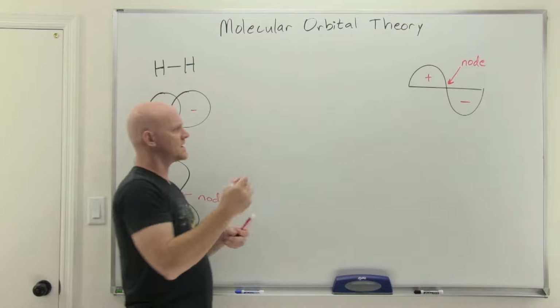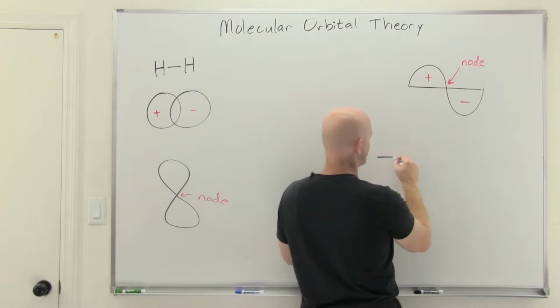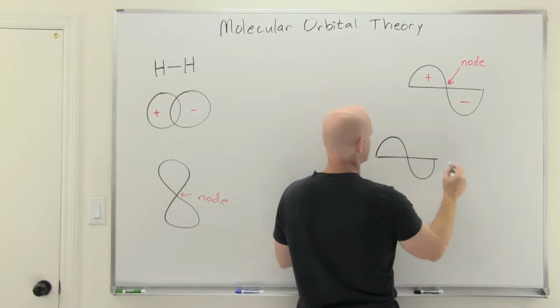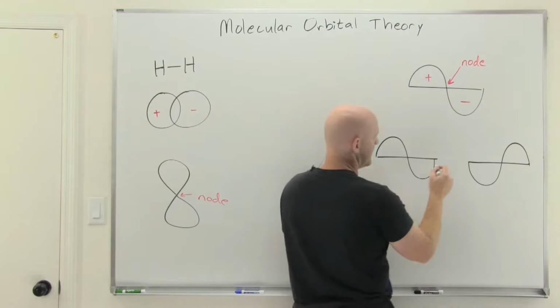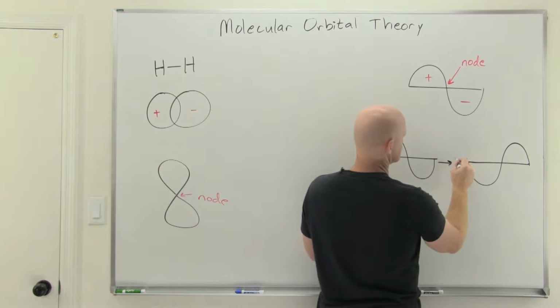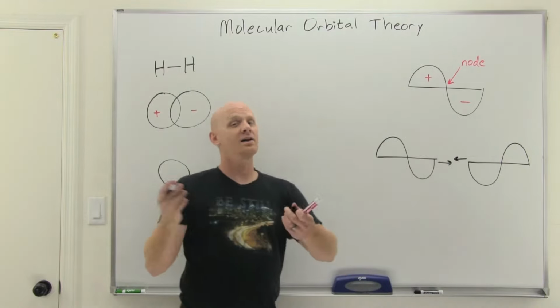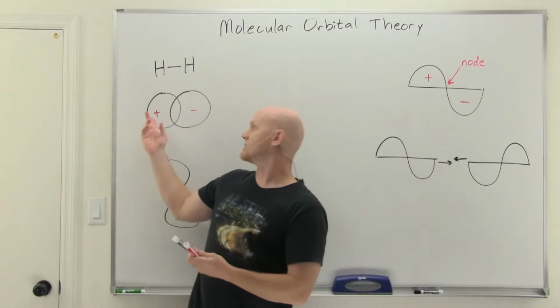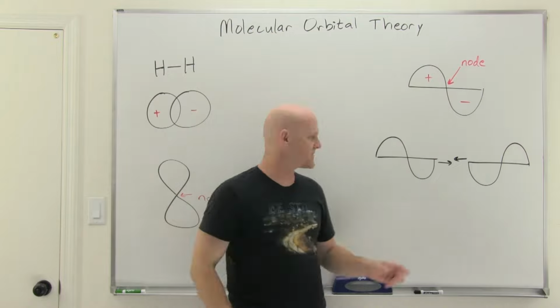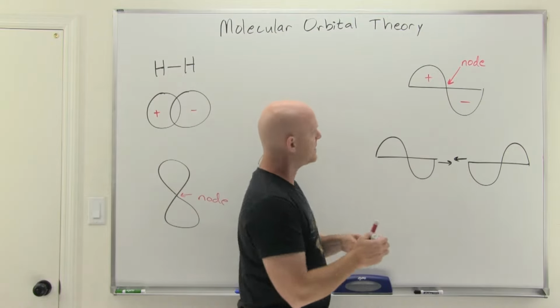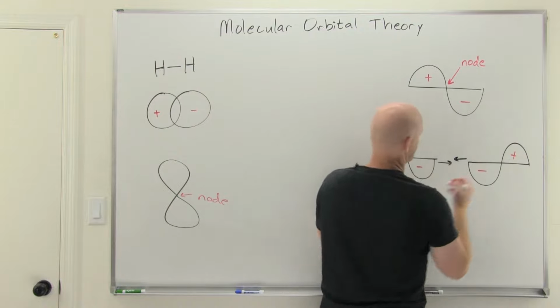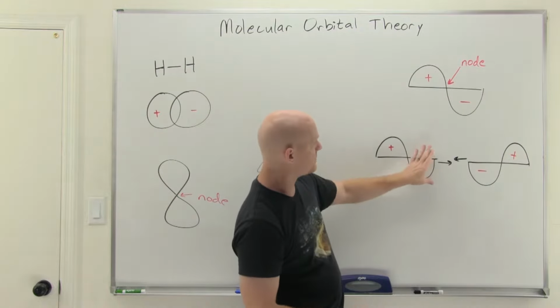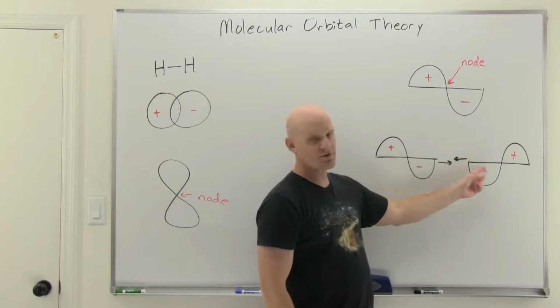So if we take a look at a couple of sine functions here, we can get a better picture of this. Let's say we've got a sine function here, and then we've got a sine function here, and I'm going to have them move towards each other. So instead of having a couple of s orbitals moving towards each other, as we would with two hydrogen atoms approaching each other, we're going to have a couple of sine functions approaching each other. And so we've got areas where we have positive versus negative, negative versus positive, and we're going to have them overlap till this rightmost region on this one overlaps with this leftmost region.